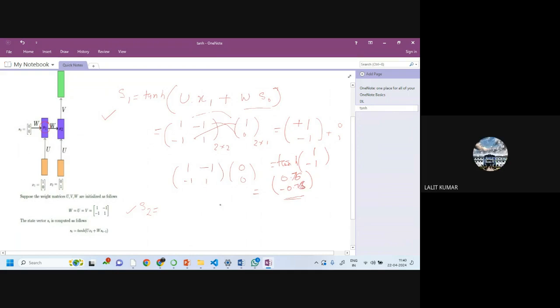Okay, great. So S2 will become again S1. S1 is 1 minus 1 minus 1 1 into 0, 1 plus 1 minus 1.